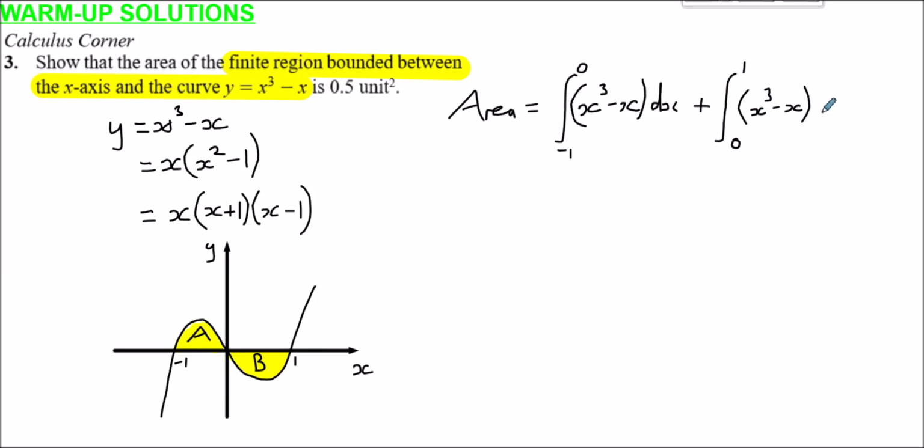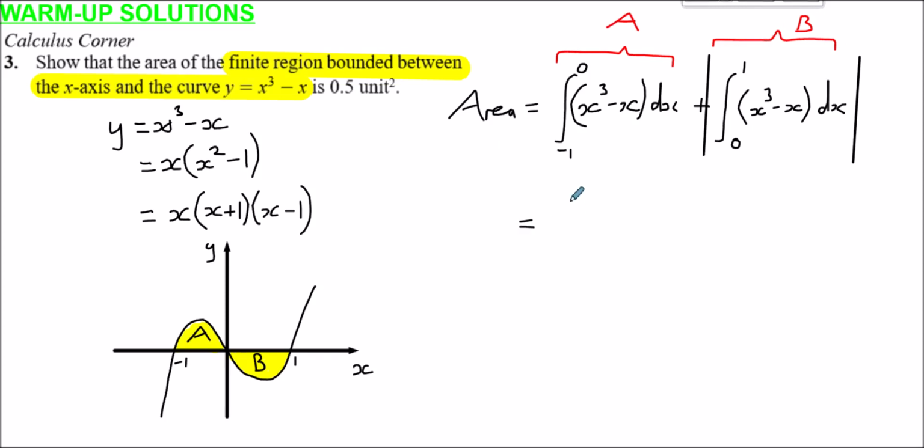However, knowing and predicting that this will give us a negative area, what we need to do is find the magnitude of this. So we're not interested in the minus sign, we're just interested in the absolute size of this bit here. So if we integrate this, I'll just say here as well that this is region A, and this is region B.